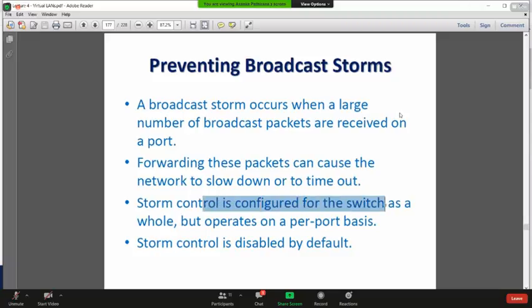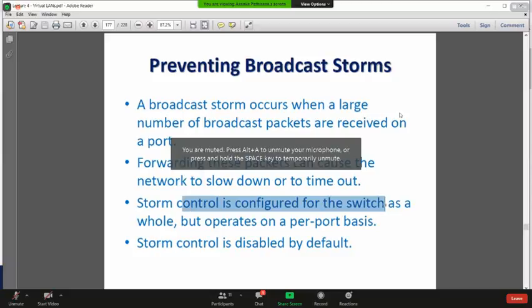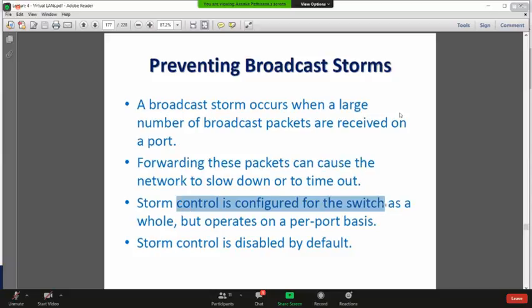It says it is configured for the switches, so extra switch configuration is there, but operates on the per port basis. We'll go forward and try to understand what is happening.